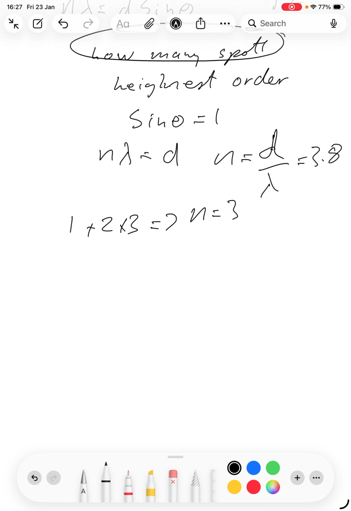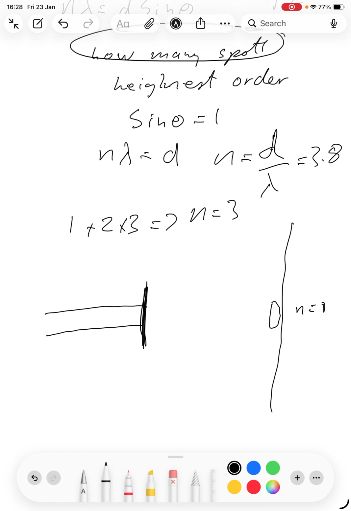And finally, we need to know what would happen if we use white light. So I'll use the diffraction grating again this time. So I'll just draw the edges of our beam of white light. So in the centre of our screen, we would see a white spot because all wavelengths peak for n equals 0.